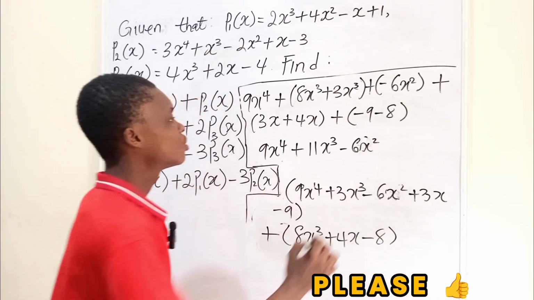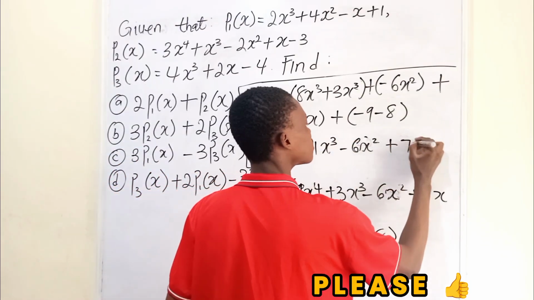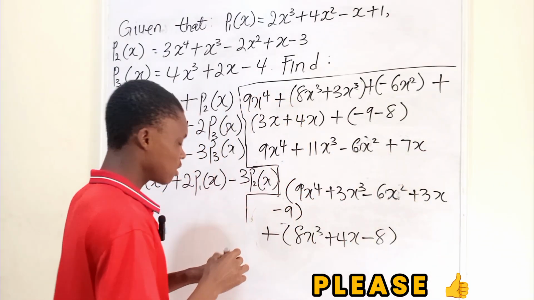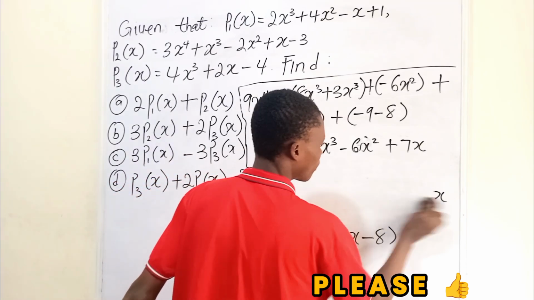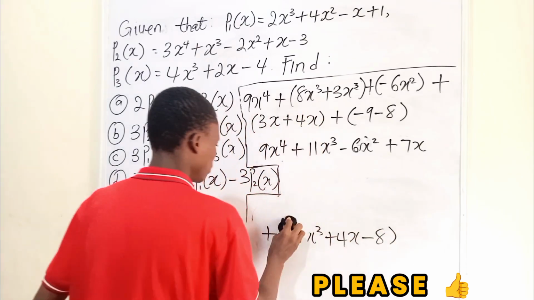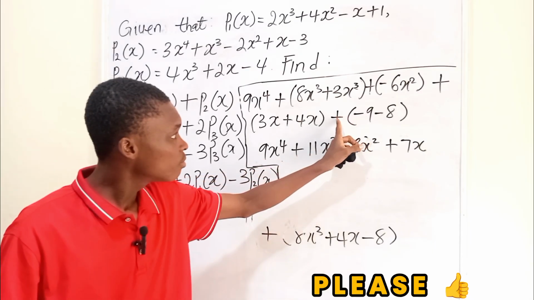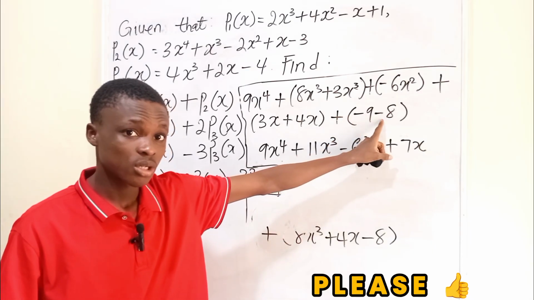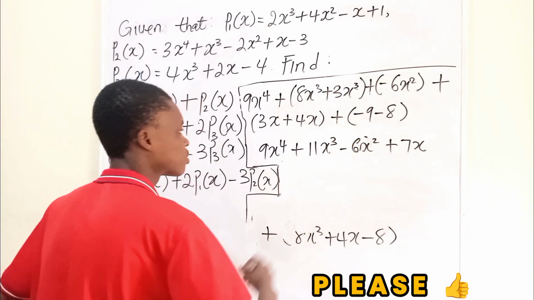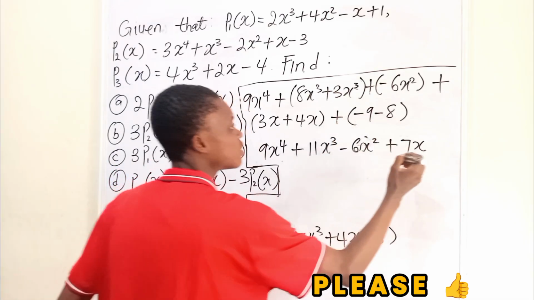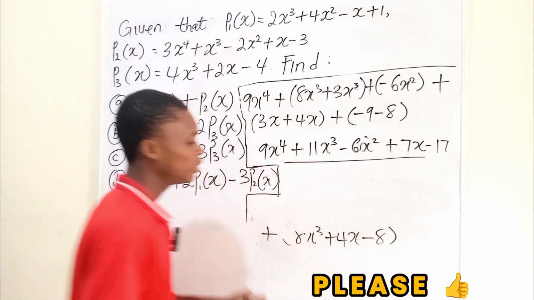All right, so plus 3x plus 4x gives us 7x. All right, so minus 9 minus 8 gives us minus 17 because plus times minus gives us minus. So minus 9 minus this gives us what? Minus 17.